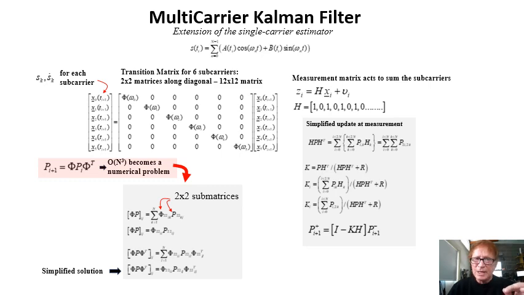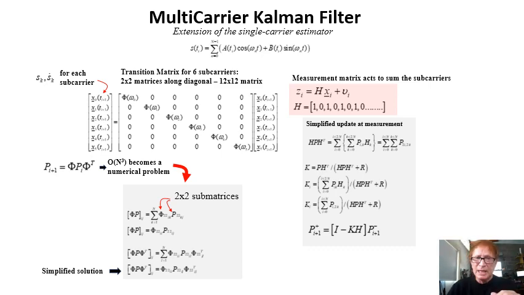We show the simplified solution here as n times n minus 1 divided by 2 multiplications of 2x2 matrix products. Similarly, the measurement matrix easily expresses the sum of the individual subcarriers as a row matrix with alternating ones and zeros.